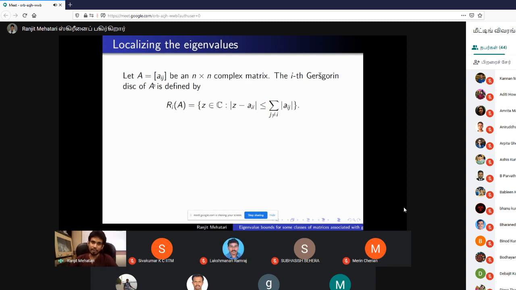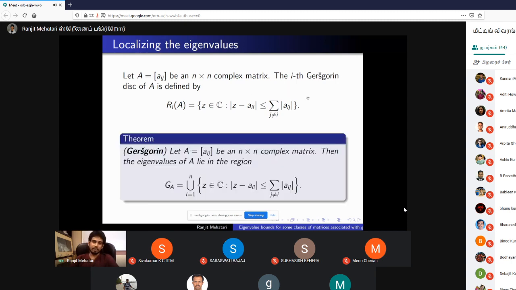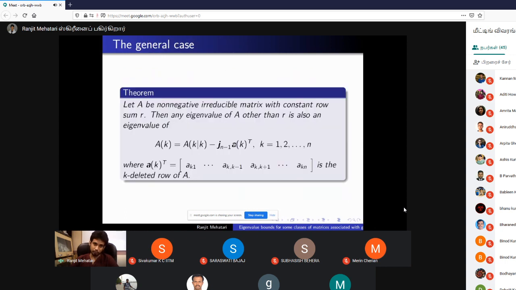So for an n by n matrix there are n Gershgorin disks. The Gershgorin theorem states that for any n by n complex matrix, all the eigenvalues of the matrix lie in the union of all Gershgorin disks. Now we use these theorems to establish our results.